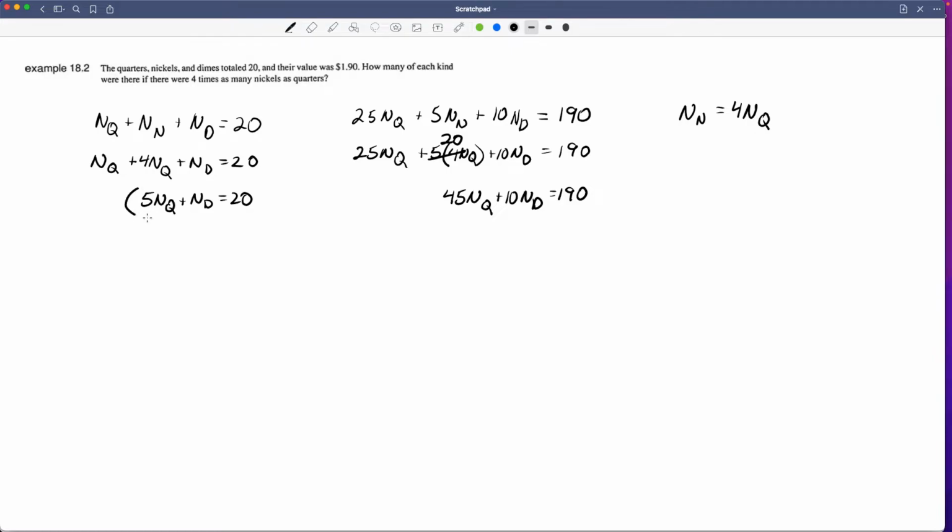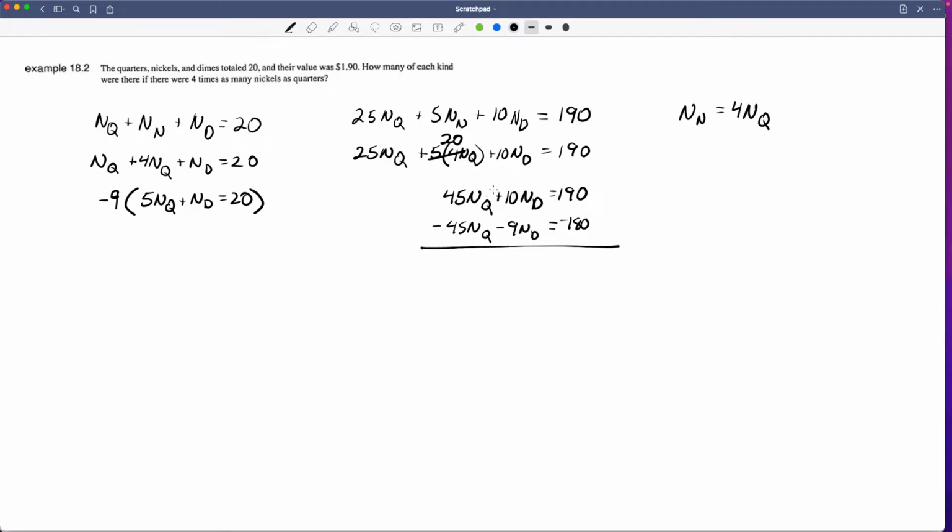Well, now I have some elimination that I can do. I'm going to multiply this by a negative 9. Negative 9 times 5 number of quarters is going to be a negative 45 times the number of quarters. This is going to be negative 9 times the number of dimes, and this is going to be a negative 180 because negative 9 times 20 is 180.